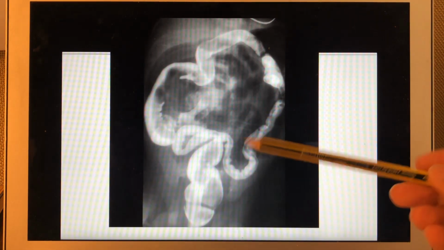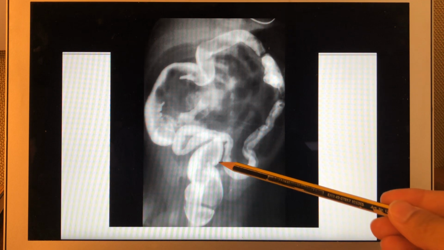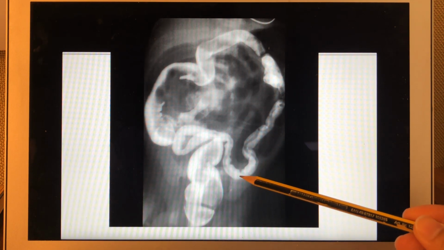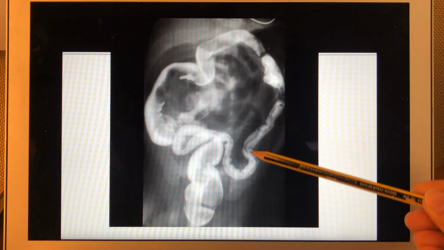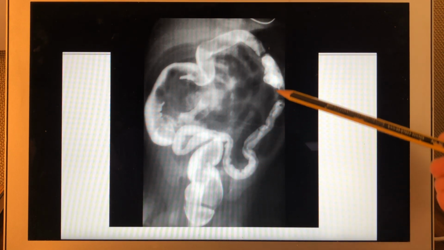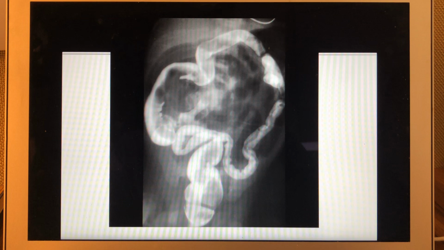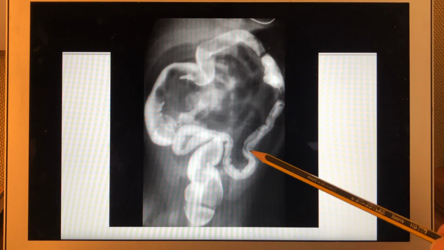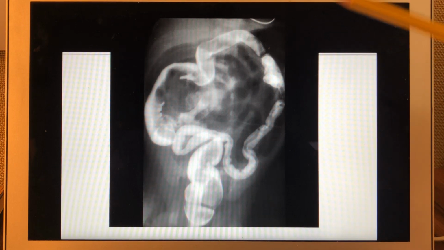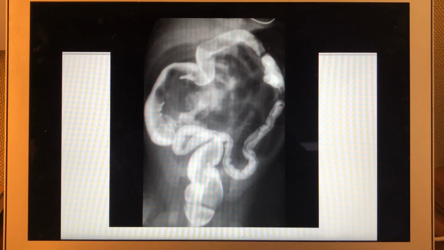So you start with a contrast enema, and what you can see, the left colon is small in caliber, and there is a filling defect, as you can see here. With the history of gestational diabetes, this is diagnostic of small left colon syndrome, or meconium plug syndrome.